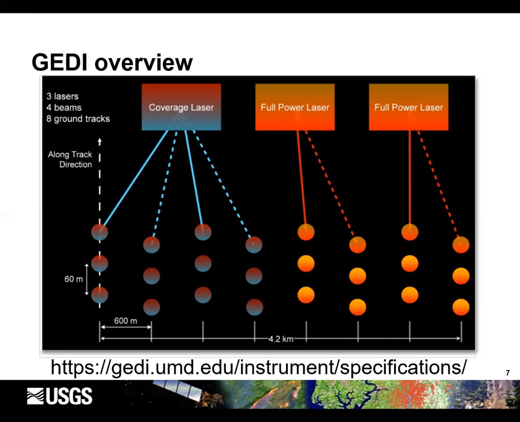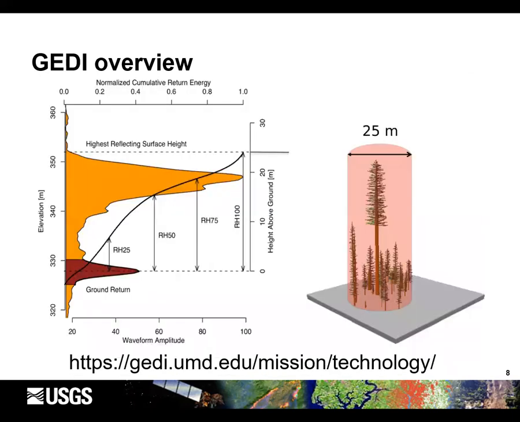The average along-track distance between the footprints is 60 meters and the footprint size average is 25 meters, resulting in almost continuous along-track coverage. The Jedi lasers emit light at 1064 nanometers, and they pulse 242 times per second, firing short pulses of light down towards the Earth's surface.